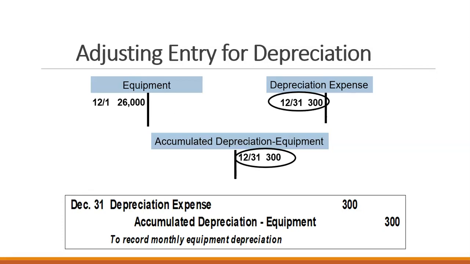So we don't just have one that mixes with everything. We have one for each type. If we have an equipment account, then we have accumulated depreciation equipment. If we have a building account, then we also have accumulated depreciation building. These accounts have to be matched with each other. They're paired together.